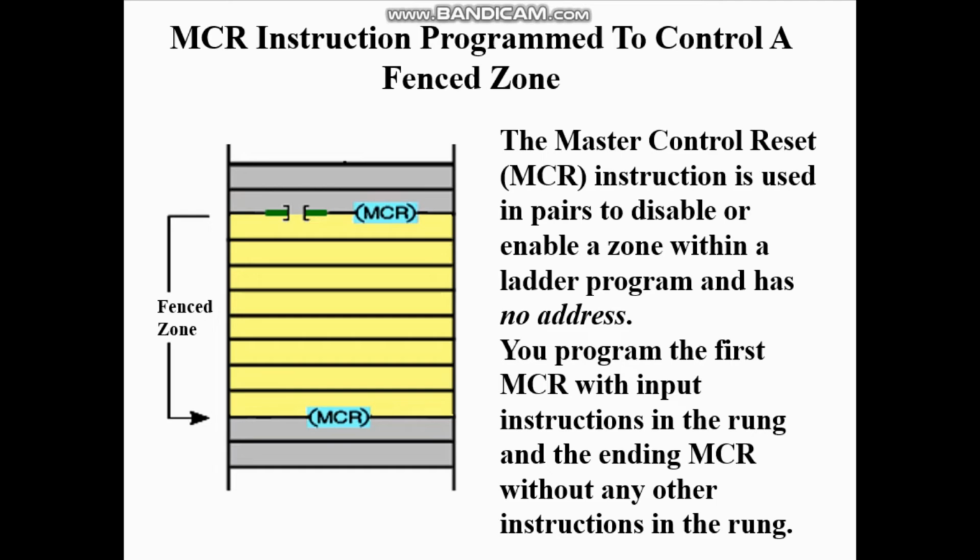Okay, so if you program the first MCR with input instructions in the rung, you will have to program the end MCR without any other instructions in the rung. So basically the MCR becomes your fence for execution of the instructions in between.